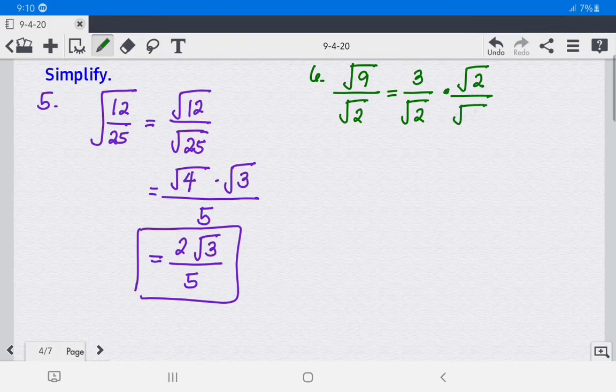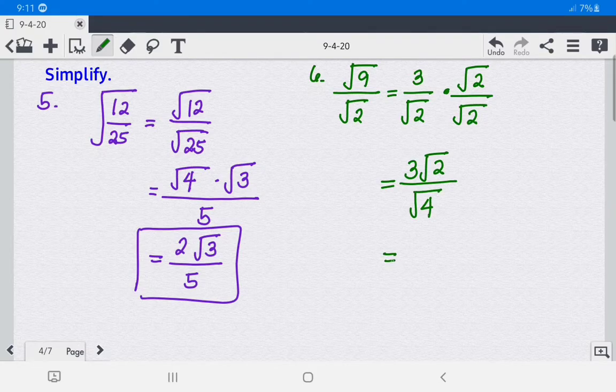Okay? Because if you're going to multiply 2 times 2, we have 4. 4 is a perfect square, right? So here we have 3 times 1 as a numerical coefficient. So we have 3. Then you will just copy square root of 2, then over square root of 2 times square root of 2 is square root of 4.